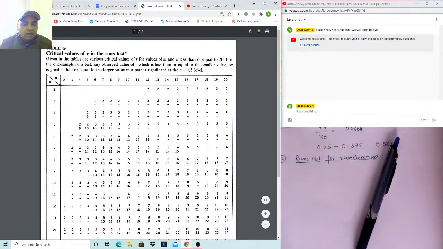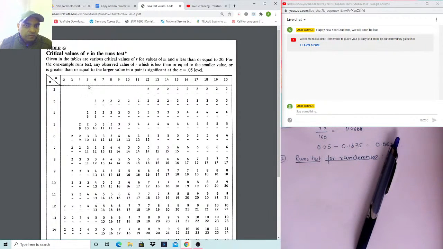Any observed value of r which is less than or equal to the smaller value, or is greater than or equal to the larger value in the pair, is significant at alpha 5%, right? Say for example you have 5 on this side and 7 on this side, so it will be 3. So if your r value comes out to be less than 3 or greater than 11, then it is significant, right?